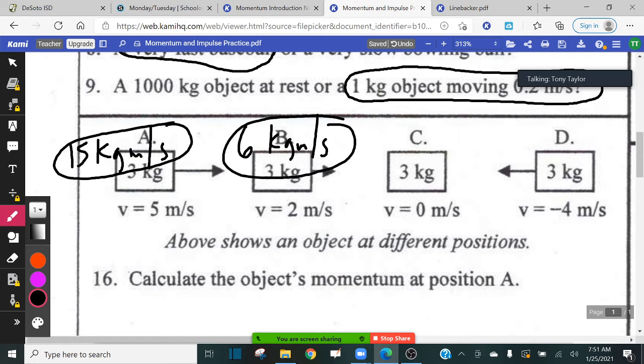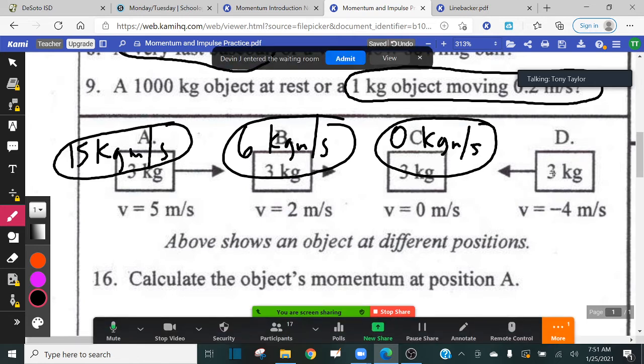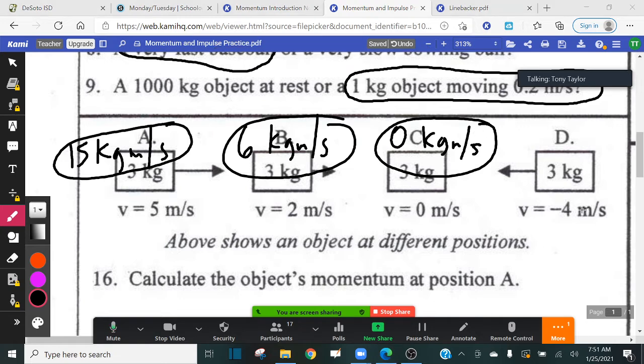Okay. What is its momentum at position C? 3 times 0. Well, since it's not moving, it has no momentum. So 0 kilogram meters per second. So this is momentum there. What is its momentum at position D? It's moving with a mass of 3 kilograms, and it has a velocity of -4 meters per second.